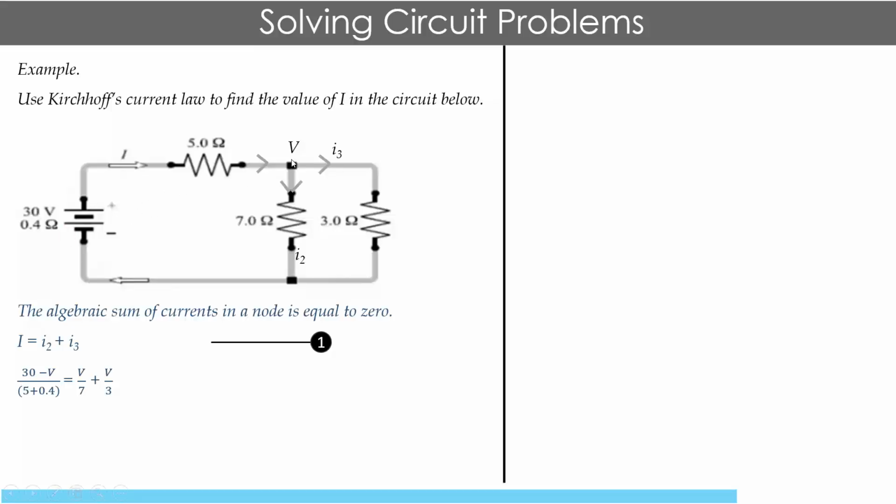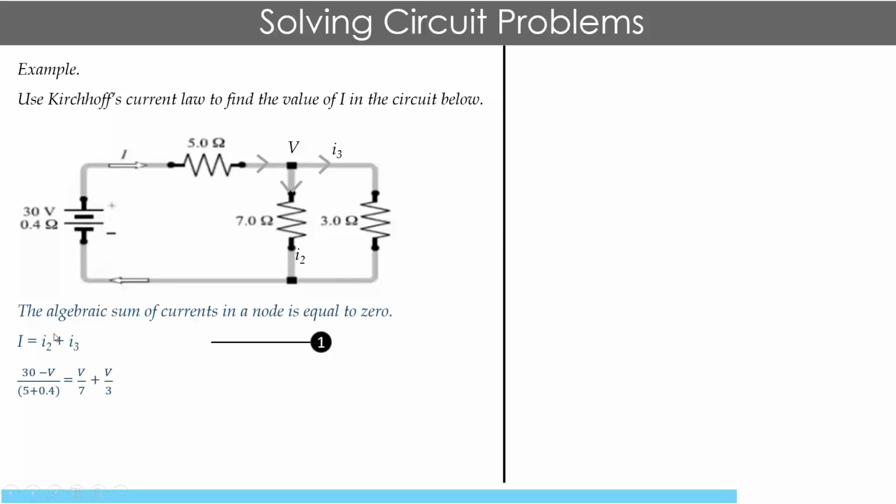If we say the voltage at this node is V, then the voltage drop across the 5 ohm resistor and the internal resistance of the battery will be equal to 30 minus V. That's the voltage drop. So if we divide it by the series combination of the resistance of this 5 ohm resistor and internal resistance, we would have the current I. So the current I is equal to 30 minus V divided by 5 plus 4, which is the series combination. So that will give us I.